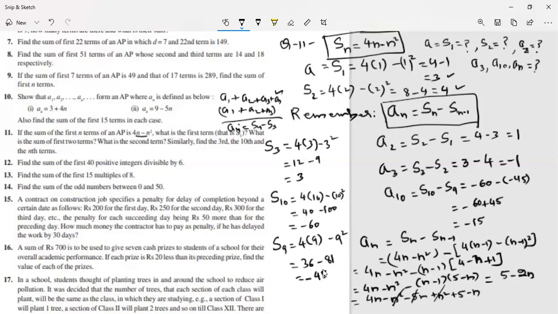No, sorry, this is 5n. Yes, let me see again. So minus 5n minus n, minus 6n plus 4n. Minus 6n plus 4n is minus 2n, and 5 is left there. So 5 minus 2n. Correct. So we get 5 minus 2n.